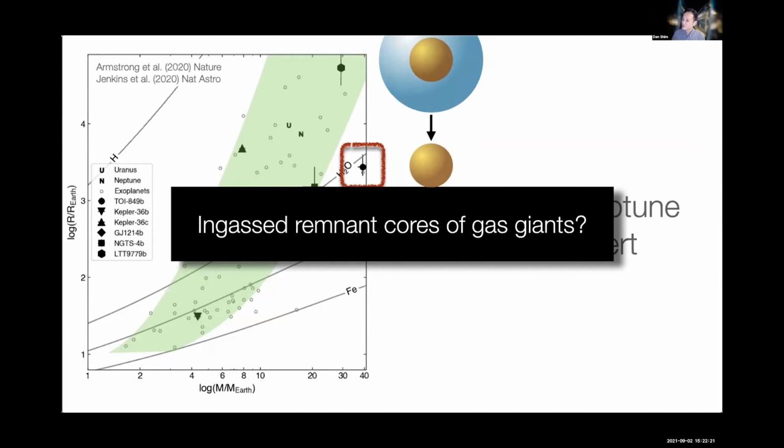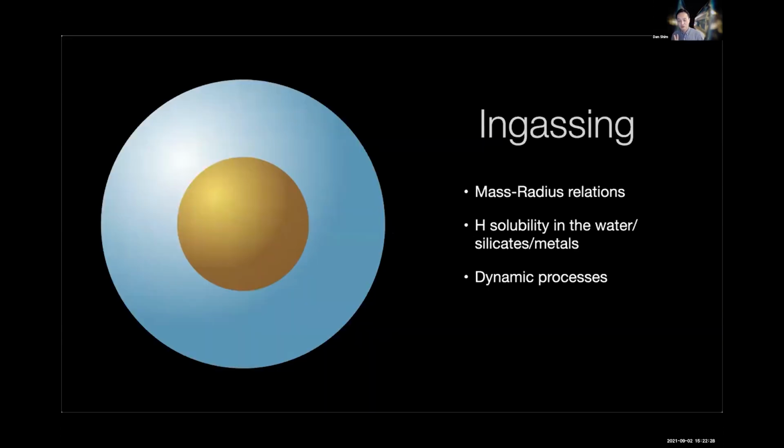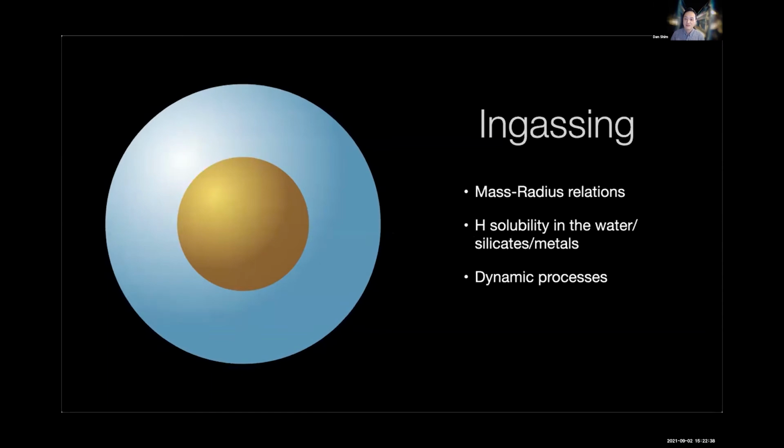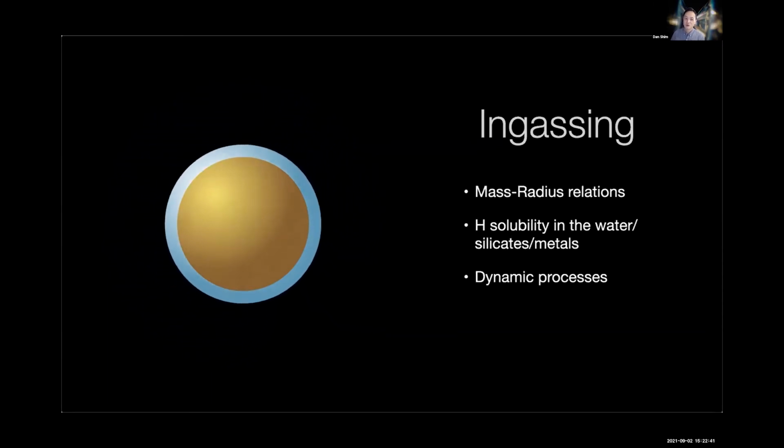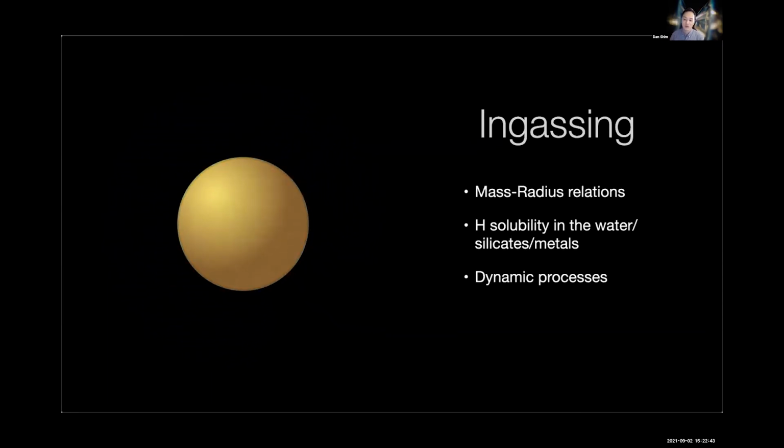So it's also very exciting to think about what would be the chemistry and physics of this planet. Two key processes that I want to use as examples today are in-gassing and out-gassing, in a very different context though. If you think of a hydrogen envelope, and some way to get rid of the atmosphere, when you have a very thick hydrogen atmosphere, you will have some level of hydrogen solubility in the interior.